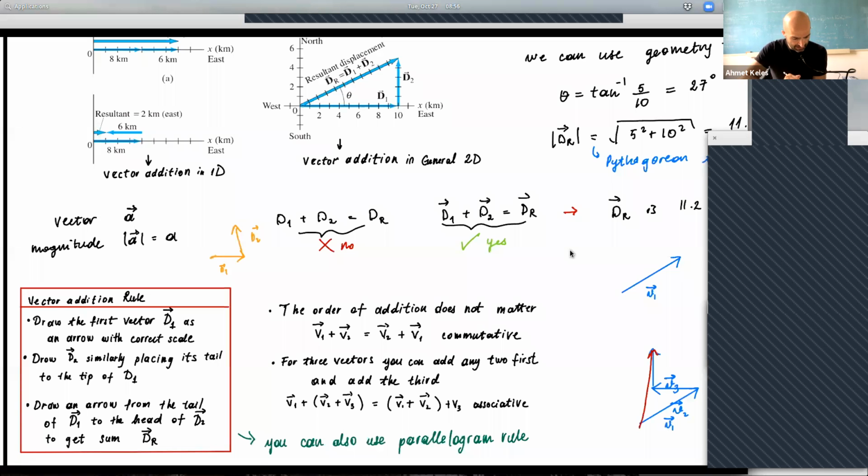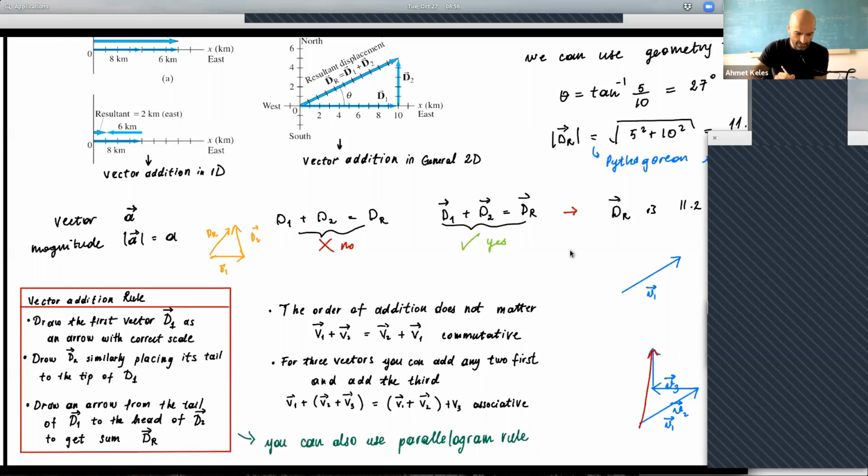To find the net resultant vector, draw an arrow from the tail of d1 to the head of d2. And here is your sum, from the tail of the first to the head of the second. This is dr. So this is how we sum vectors.